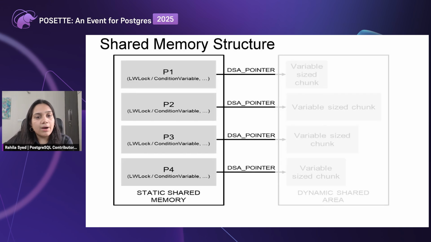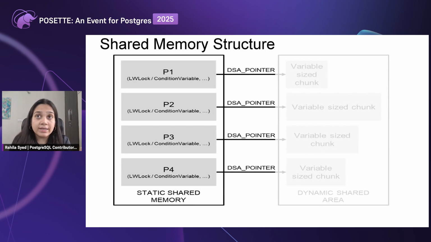Okay. So now let's look at the shared memory structure of such a monitoring function. If you see on the left, there is a static shared memory which contains an array of structures. These structures are all indexed by a proc number, and the max size of this array is the max number of processes that you can start in Postgres. Each of these array elements contains process specific variables.